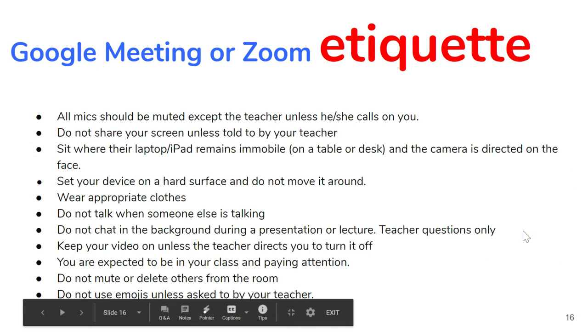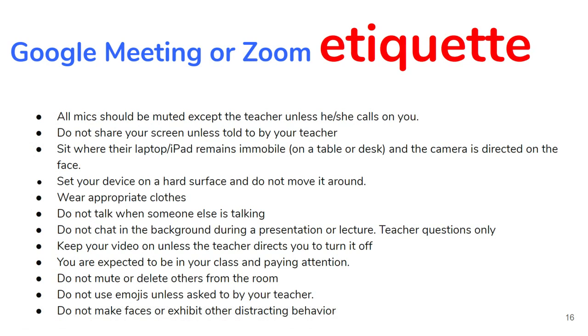Other things to think about: do not share your screen unless you're told to by your teacher. Sit where the laptop or the iPad remains immobile on a desk or a table, and that the camera is directed on the face. Set your device on a hard surface and do not move it around.